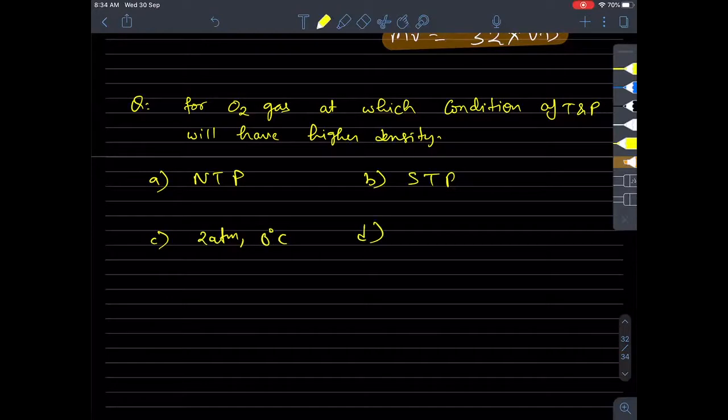Option D, 4 atm, and temperature, let me take as 819. Tell me the right answer.